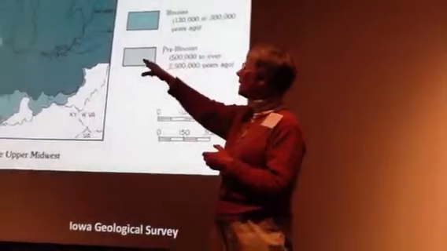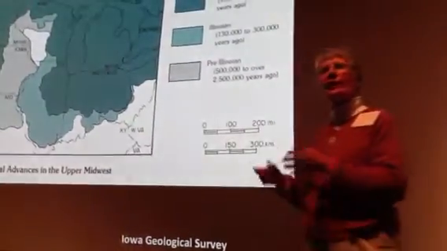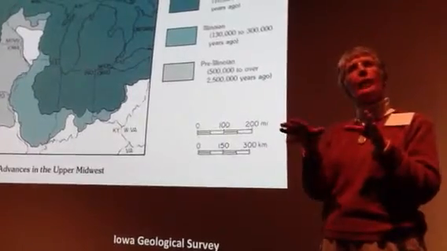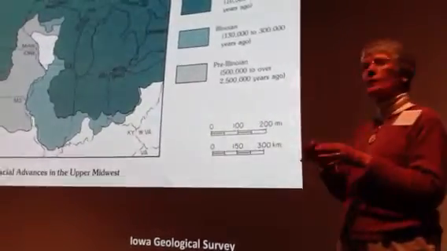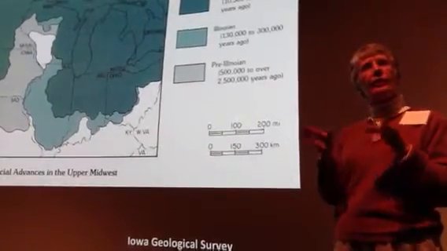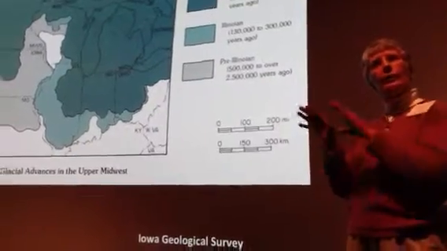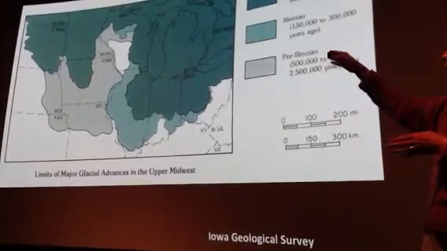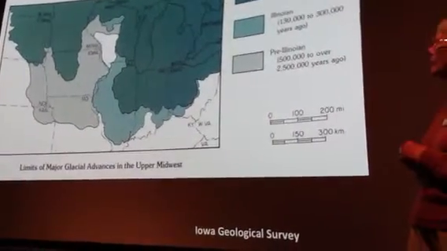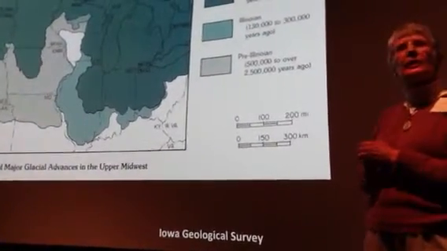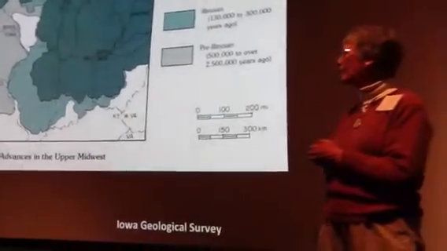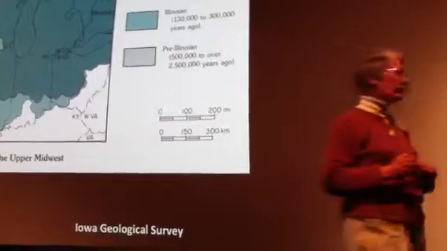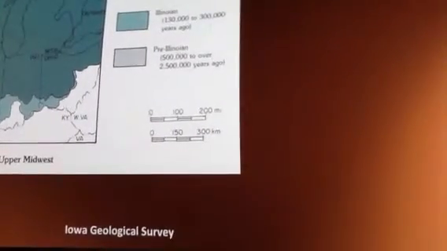But just keep in mind that over about 3/4 of Iowa, you're looking at glacial age deposits that were left by ice approximately 500,000 years or older. So an area of older glacial materials. Then right in the north central part of the state, you see the Wisconsin, or the most recent glacial advance to affect Iowa, and that's had a very significant impact on one of the regions of the state that we'll look at.